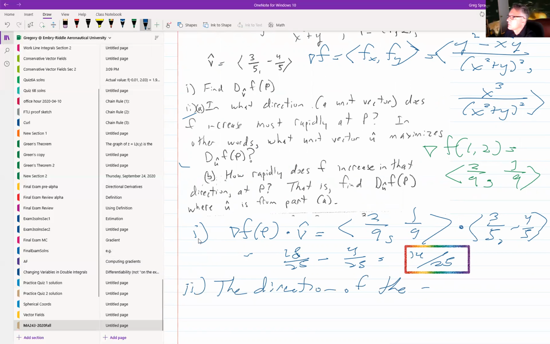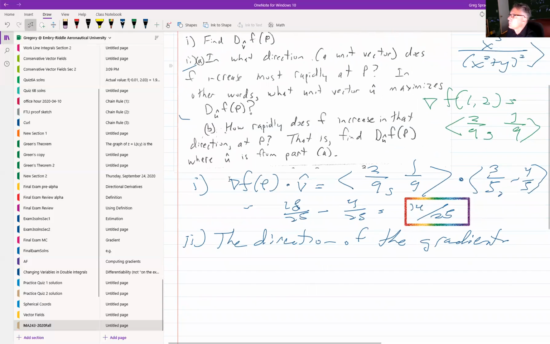That's the direction of maximum increase. So what we have to do is take the gradient and make it a unit vector. Let's normalize it, because it's probably not a unit vector. So the gradient was 2/9, 1/9.